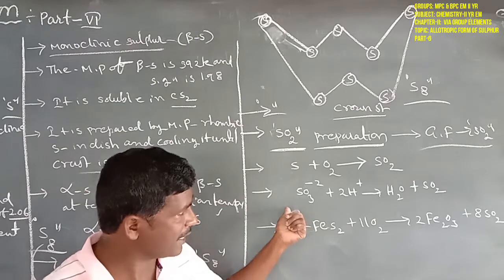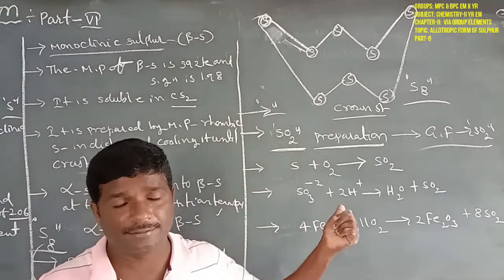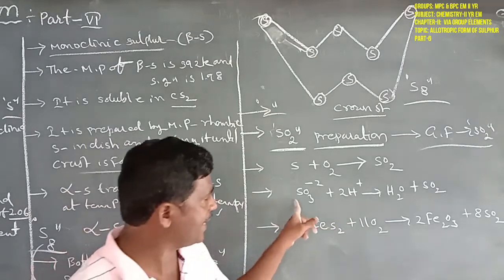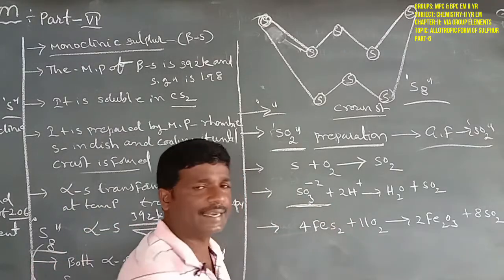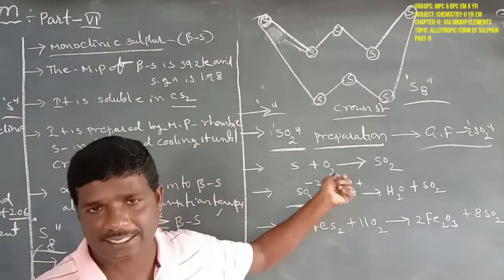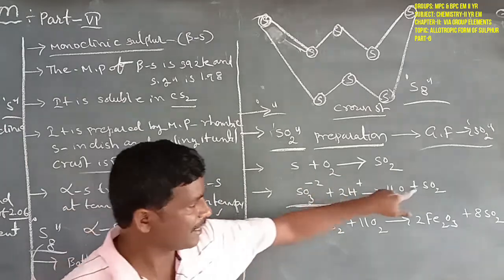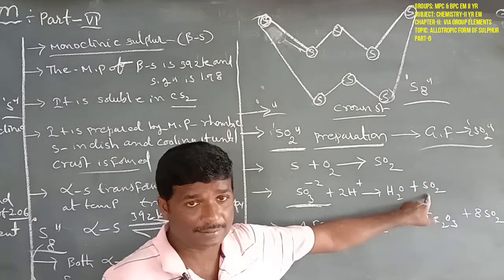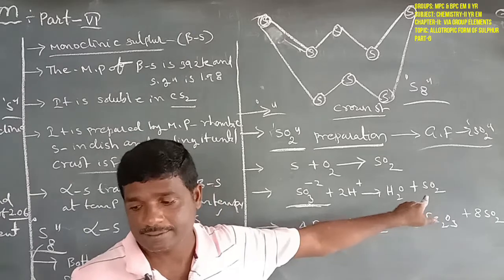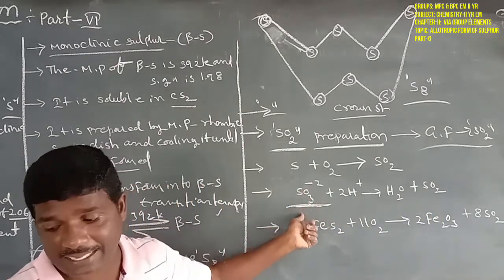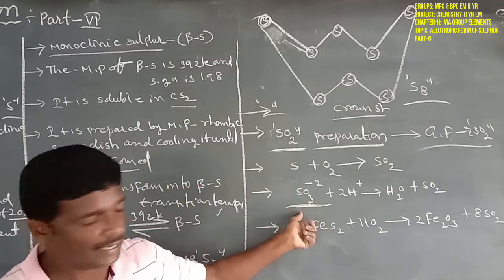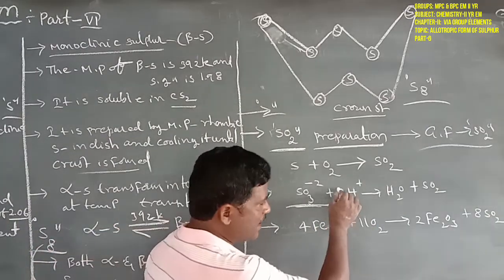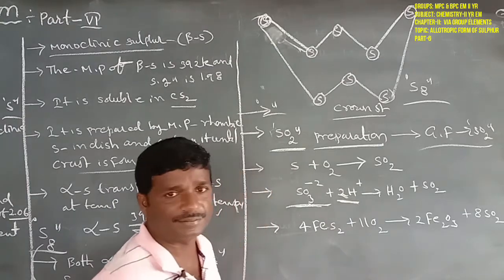And second preparation: sulfur dioxide is prepared in the laboratory by treating a sulfite, SO3 2-, with dilute sulfuric acid.